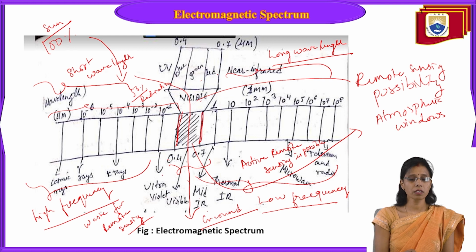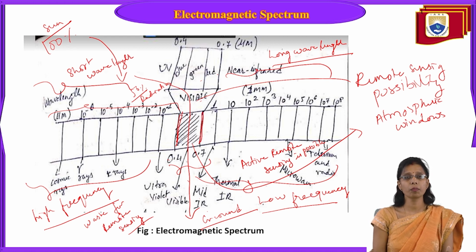When the radiation passes through these regions, it will be absorbed because of the presence of dust particles, gas molecules. It will not allow the radiations to pass through, and it will not allow the radiation to reach the ground.